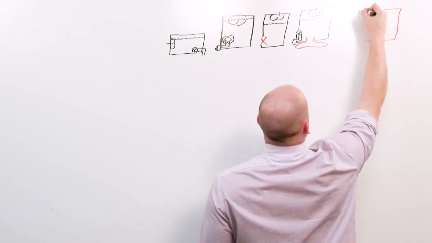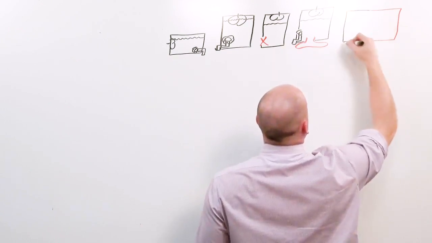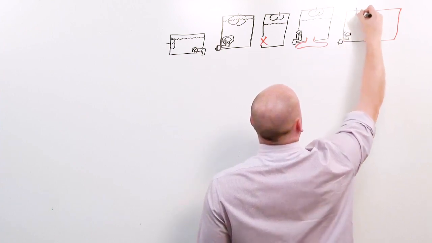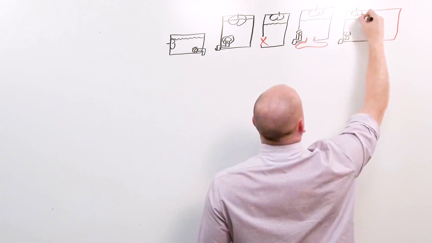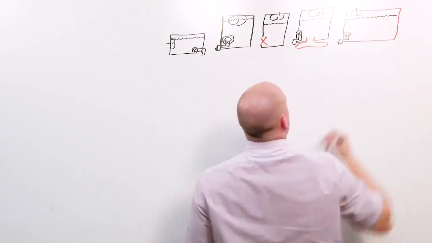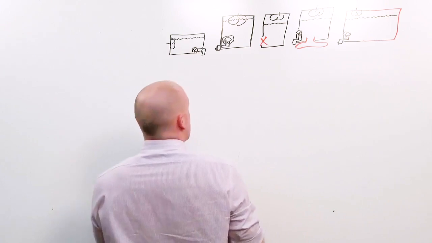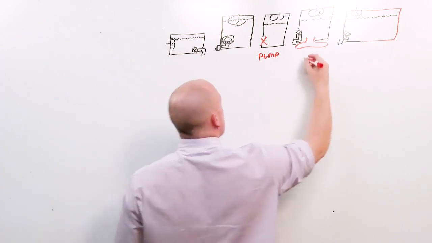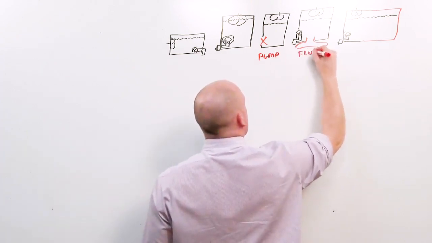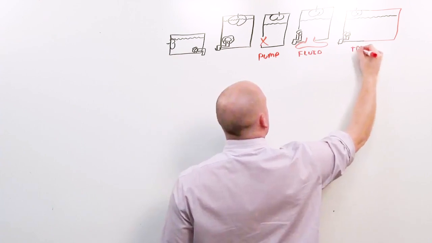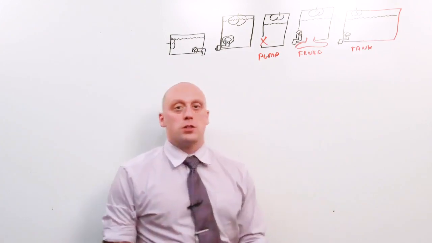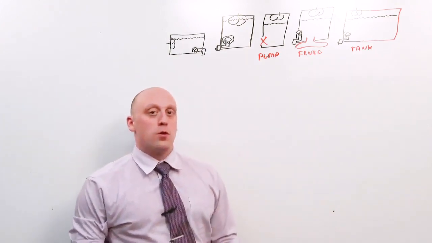And then if the tank gets too big, even though there was enough fluid in the tank, now there isn't. I want you to see this as pump, fluid, tank.